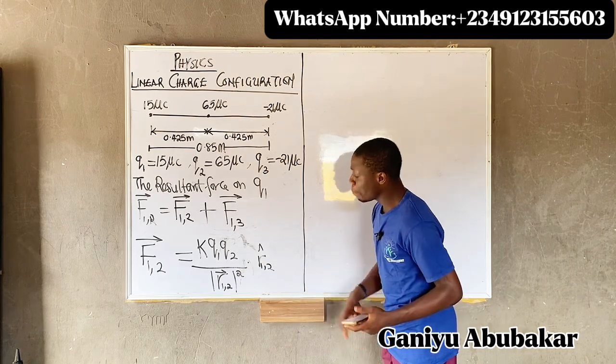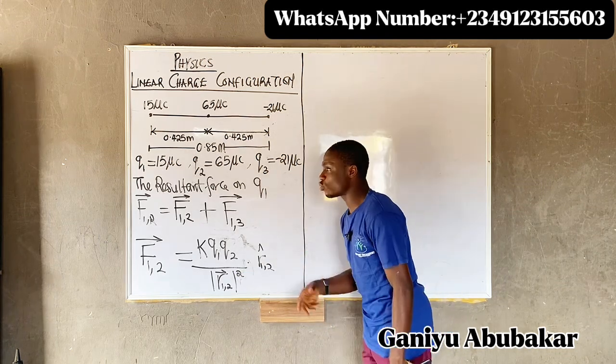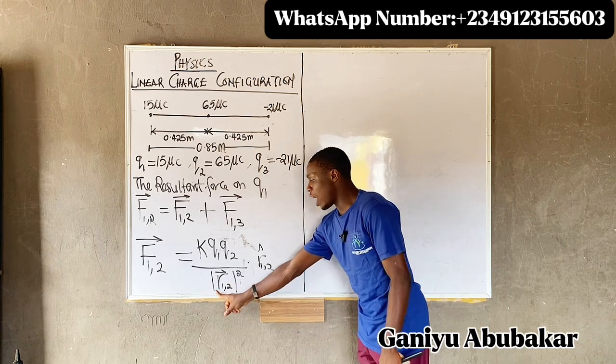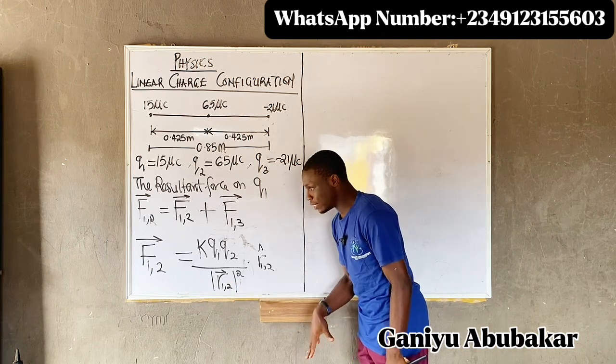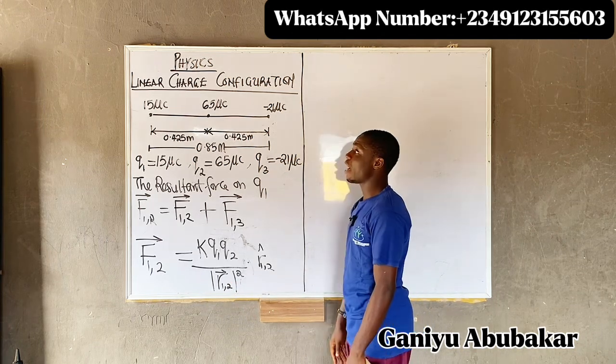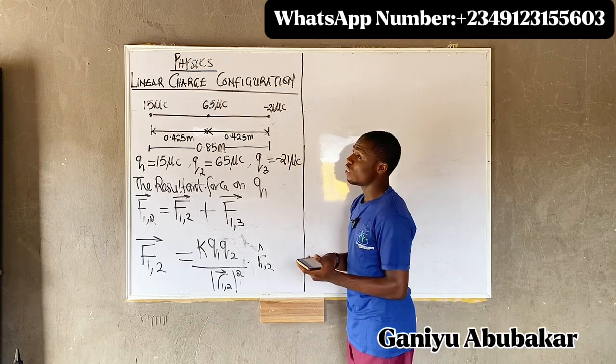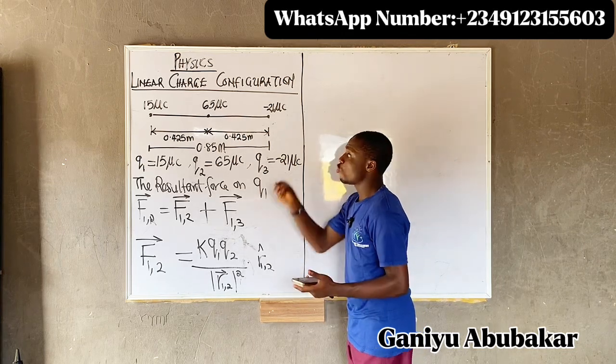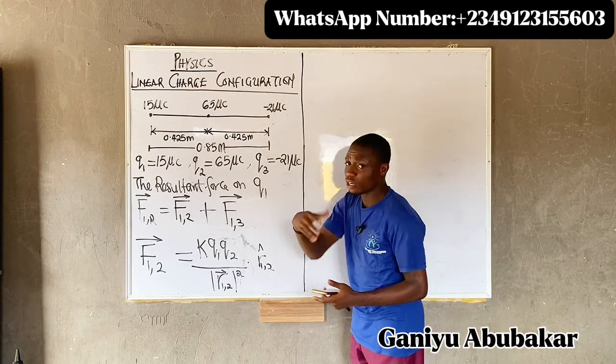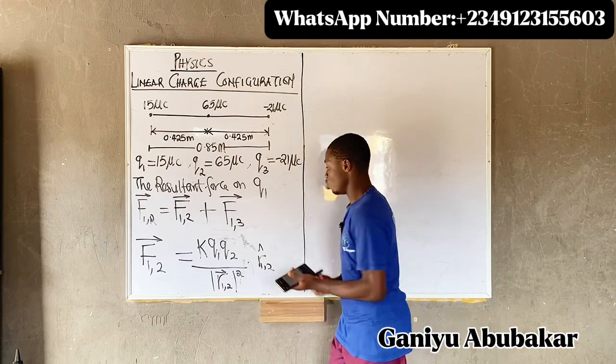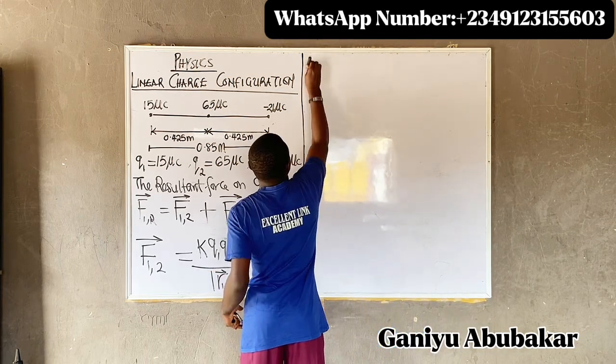Now here's the concept. When it comes to Coulomb's law in vectorial form, your first task, your first breakdown, should be R12. Let's get R12.